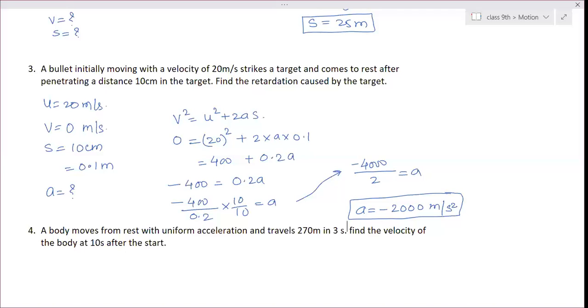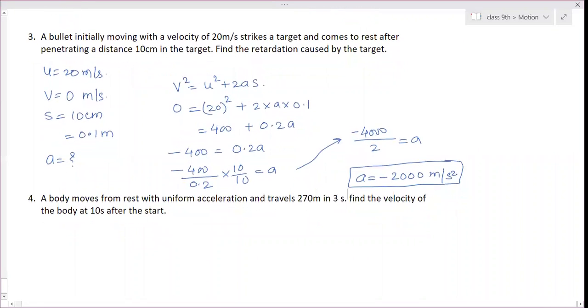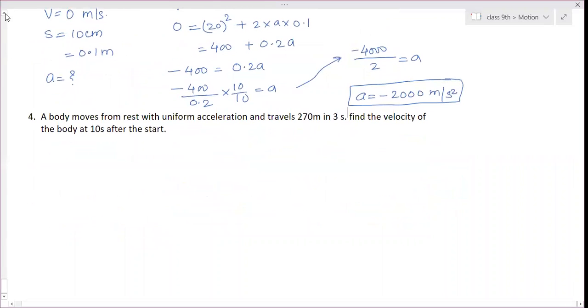Have you finished? Yes, ma'am. Now Tejas, we tell next question, what are the things given and what is asked?